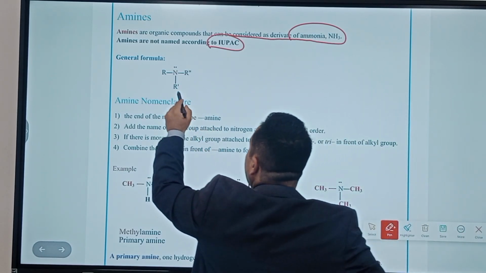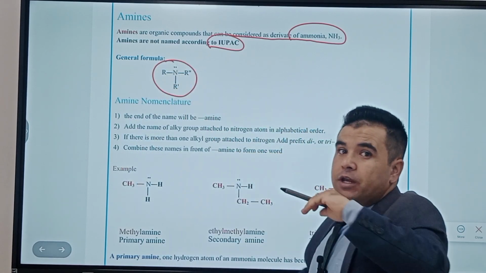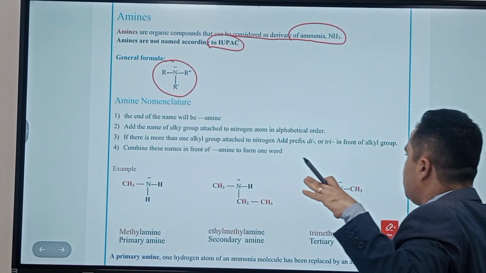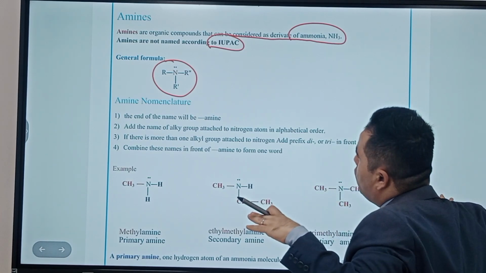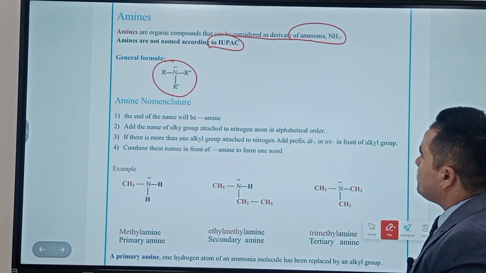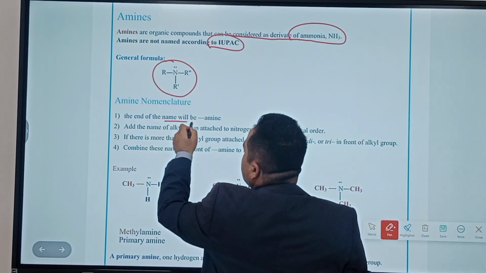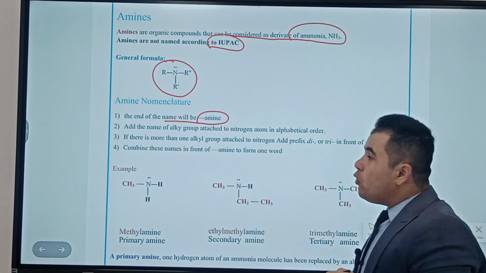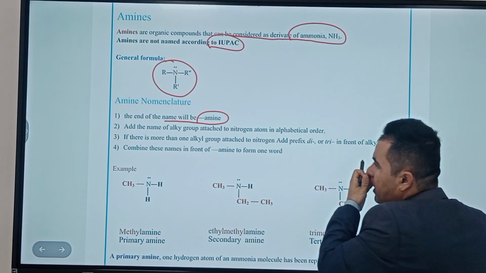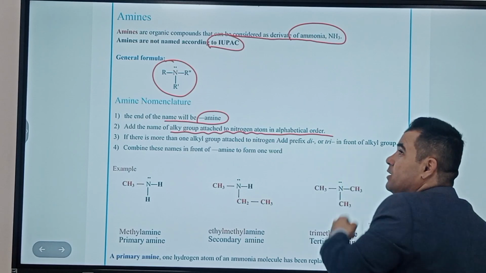The general formula is N attached to 3 R's, and the 3 R's can be chains of hydrocarbons, or there can be hydrogen attached to it instead. Amine nomenclature: the end of the name will take amine, the parent will take amine as well, and then add the name of the alkyl groups attached to the nitrogen atom in alphabetical order.